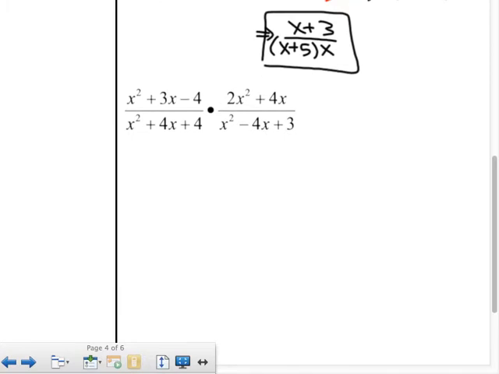All right, so this is the last multiplying one, so take a second and factor everything you can.